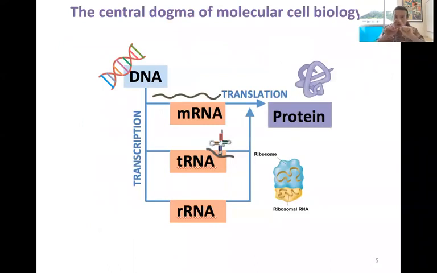All right, so this brings us back. Let's step back a moment here, right? And try to put these pieces together. How does this all fit in? Remember, this is what we traditionally call the central dogma or central paradigm of molecular cell biology, which just has to do with how we think about information flowing. Right?